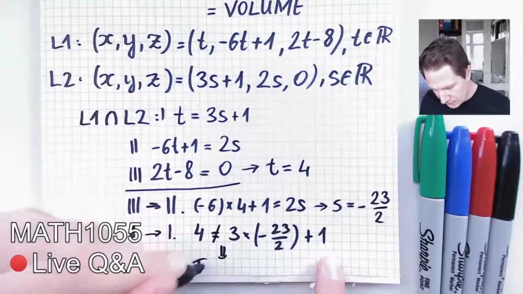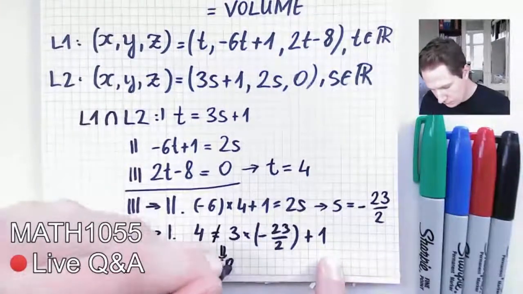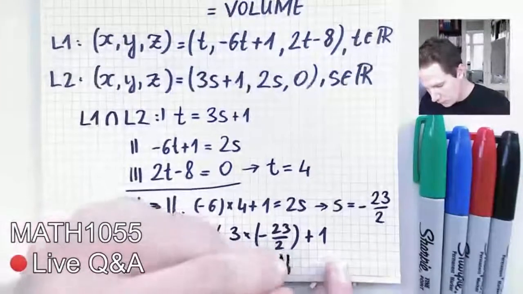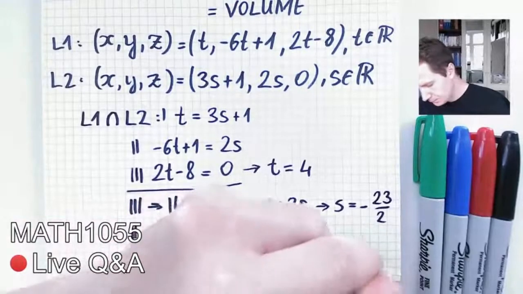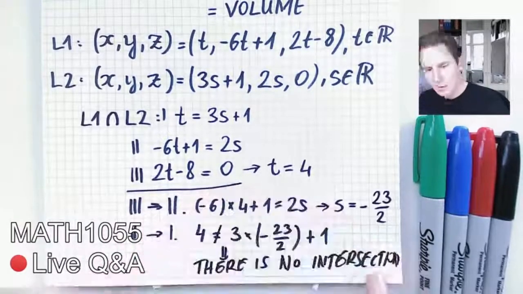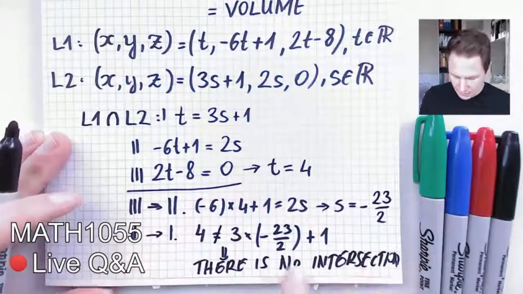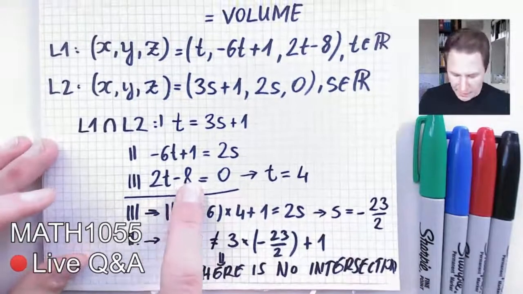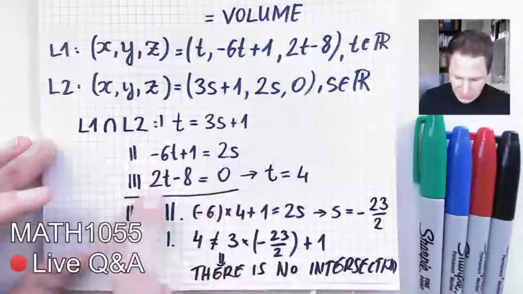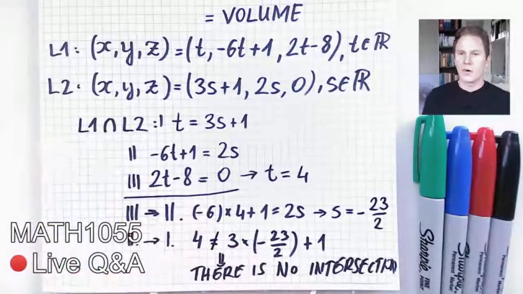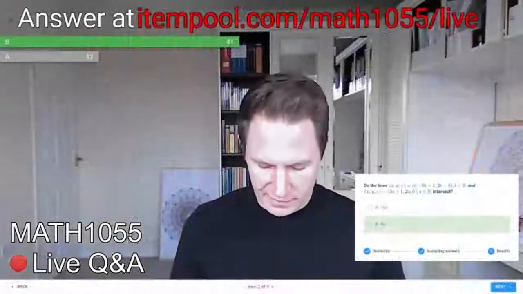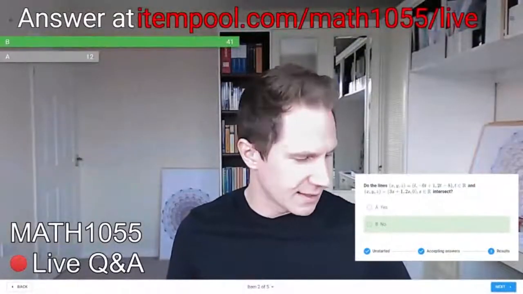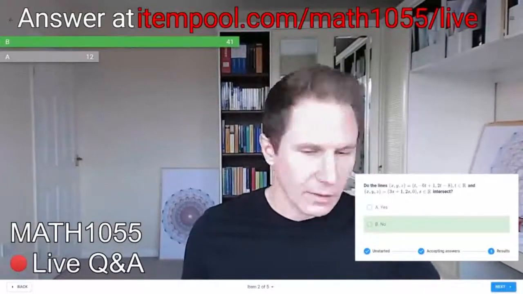So there is no intersection point. We can't satisfy all three equations at the same time by finding some special values for t and s. Okay, so that was the idea. I hope that was also clear.